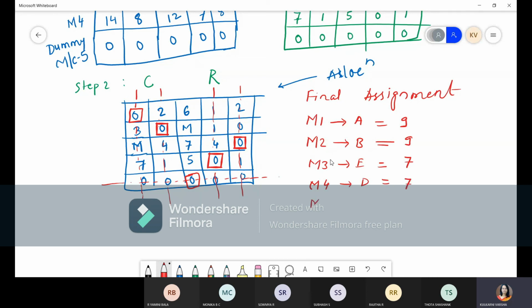And machine 5, which is the dummy machine we just added, is allocated to C with cost 0. The dummy row always has cost 0, so it does not affect anything. If we add all of these, we get 32: 9 plus 9 is 18, 18 plus 14 is 32. So this will be your final answer.